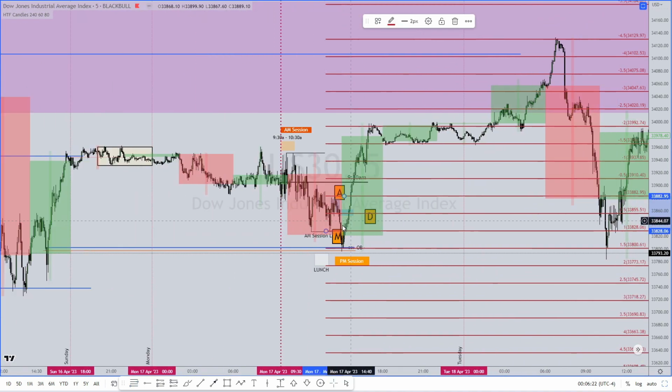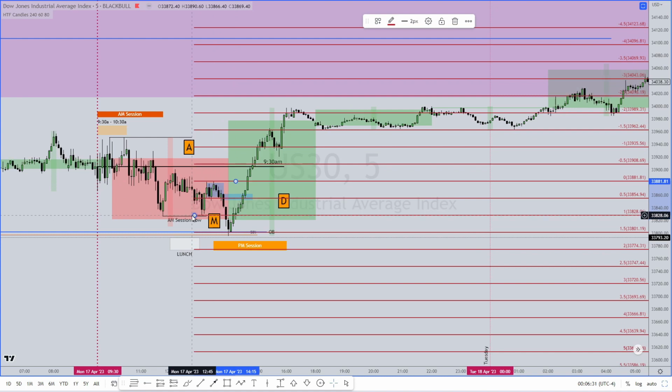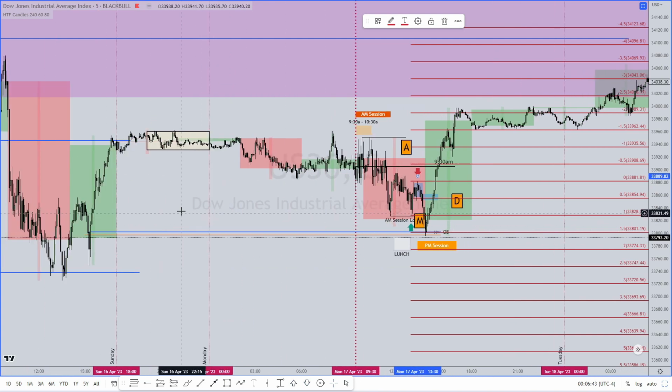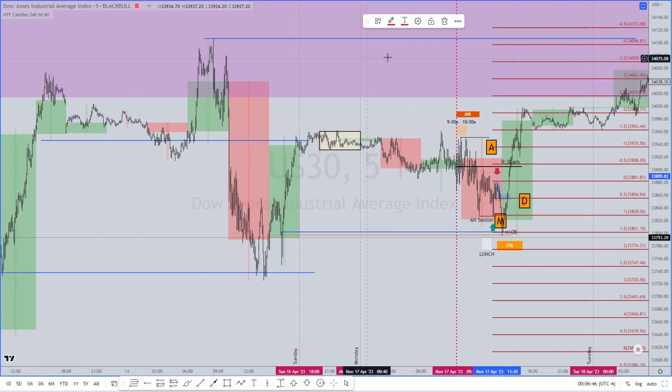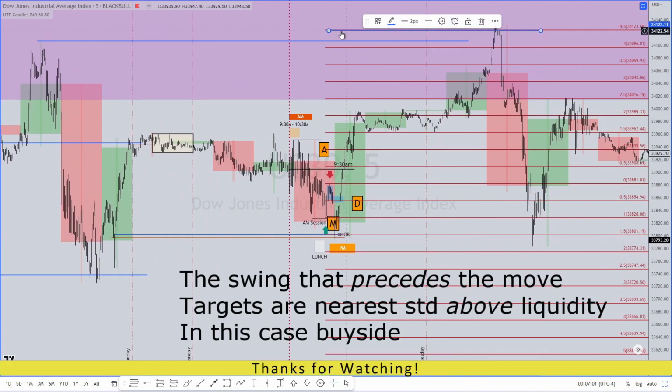The swing point that precedes the move, which is this swing from here to here, that low to that high, and then looking at our buy side target and the first standard deviation above it as a most favorable exit. That is where it'd be looking to take price off. That's what's called a projected range.